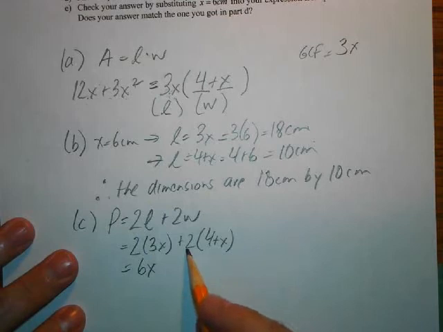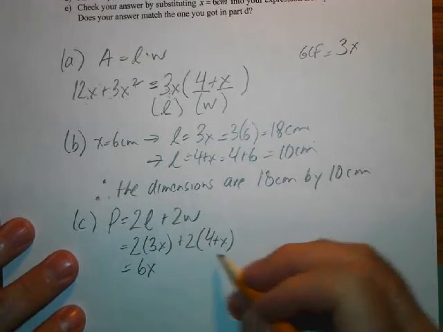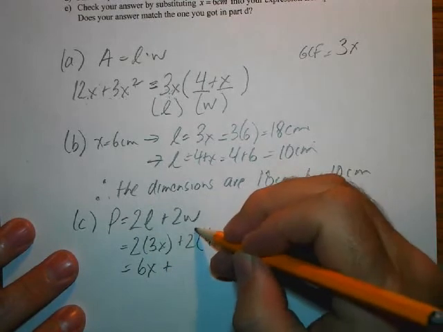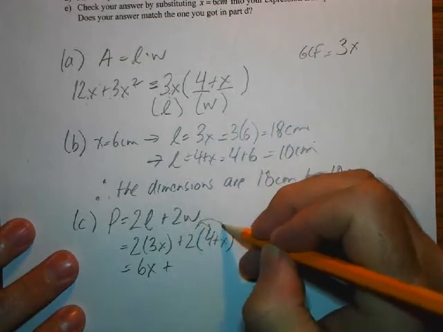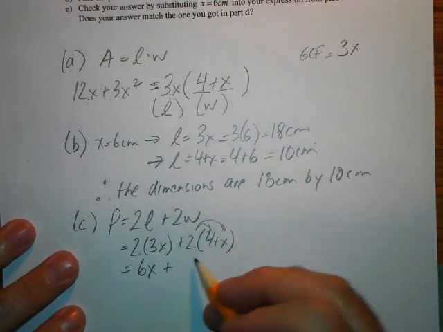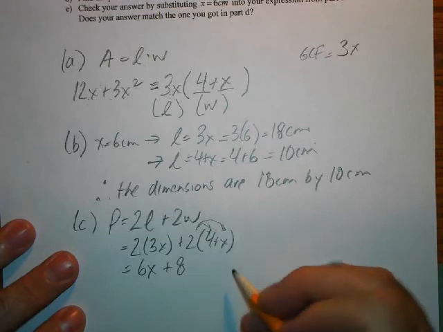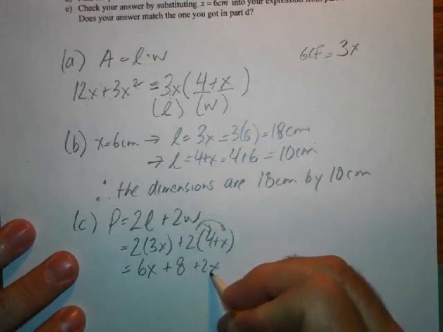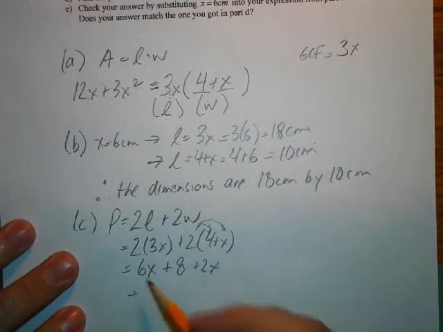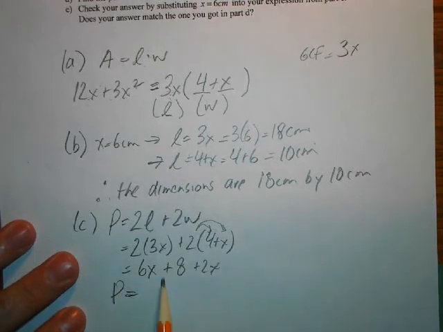And 2 times 4 plus x, we have to do two multiplications, right? 2 times 4 and 2 times x. 2 times 4 is 8. 2 times x is plus 2x. We have two like terms here, 6x and 2x. We can combine those to become 8x plus the 8 that was already there.